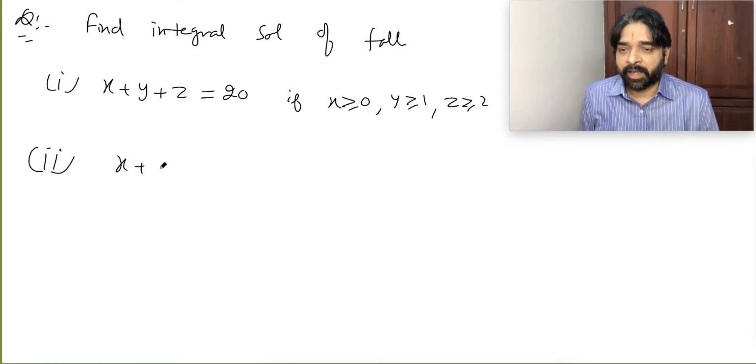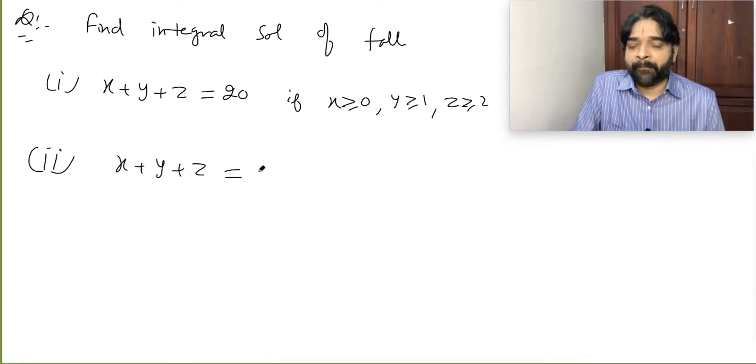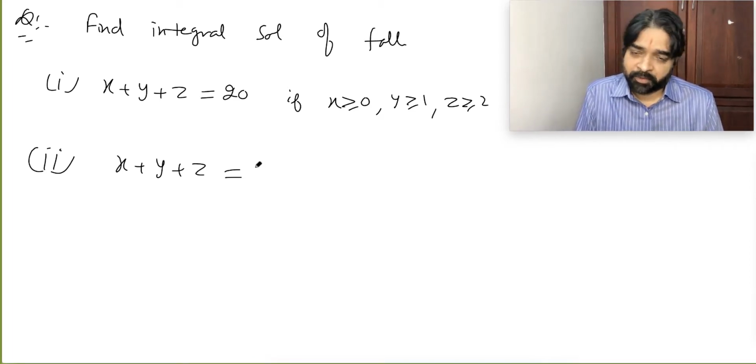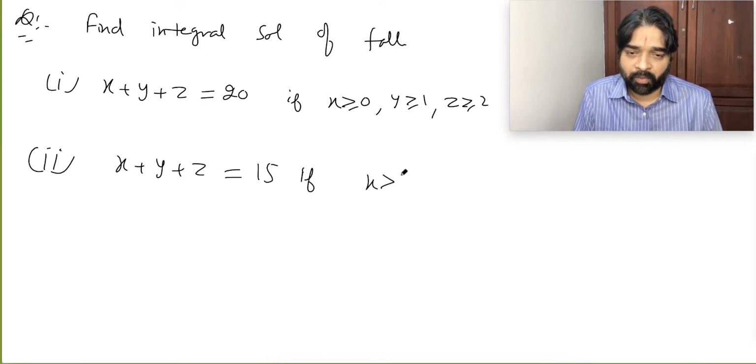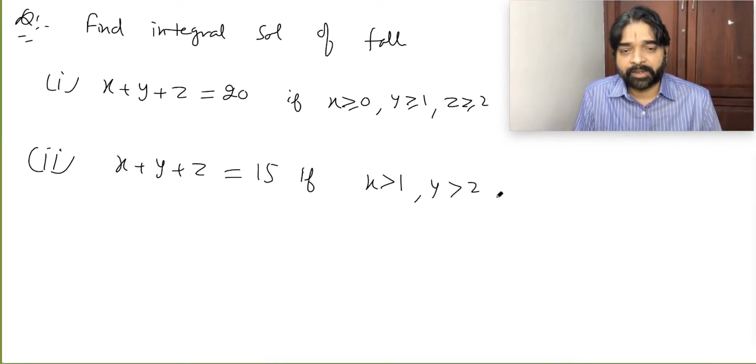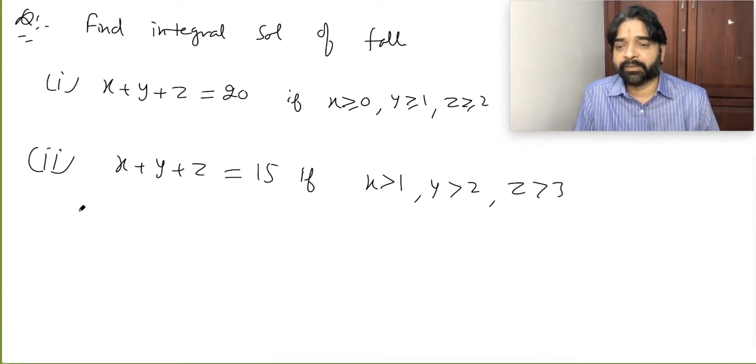Second, x plus y plus z equal to, take anything, 15, if x greater than 1, y greater than 2, z greater than 3.